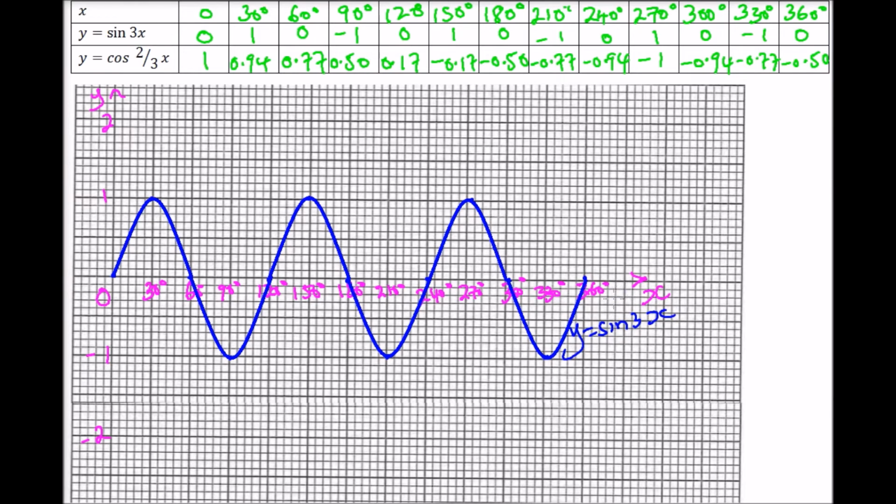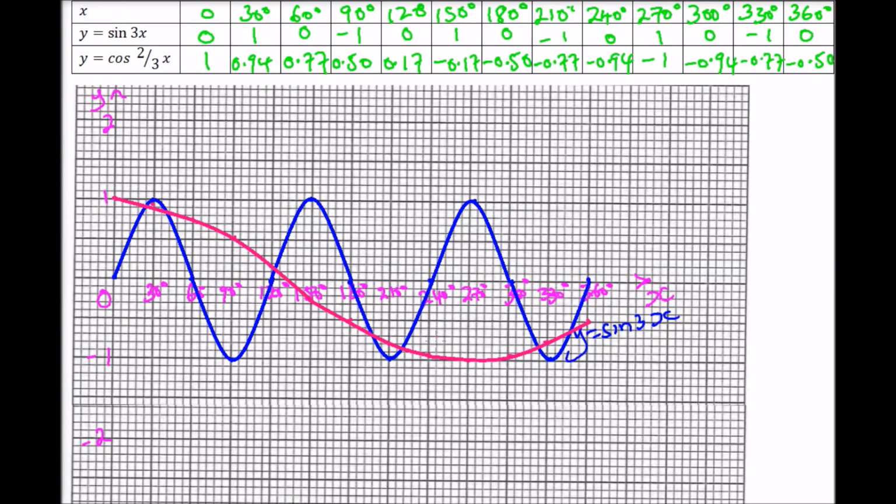We plot the graph of y equals cos 2/3 x and see how it looks. So this is the best I've come up with, the graph of y equals cos 2/3 x. You can try and use a more expanded scale.